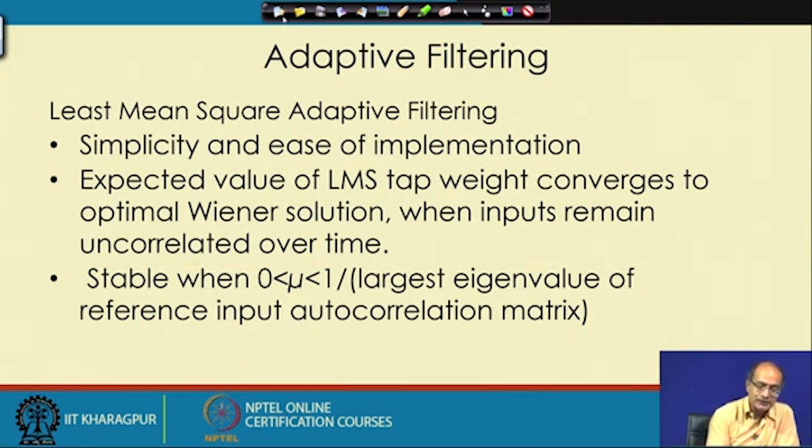Now, the next important input is that we need to choose this mu, which we call the tap weight step size, very carefully. It should be bigger than 0, because if we take it as 0, then there would be no updating of the weight, and we also said that it should be less than 1.